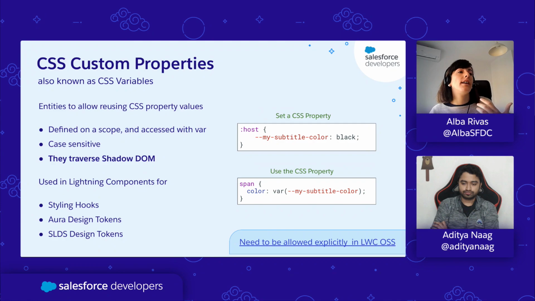And there are many places in which we are using custom properties as styling hooks, Aura design tokens, and Lightning Design System tokens that Aditya is going to explain in a second. But first, I want to show you some examples of CSS custom properties in action.